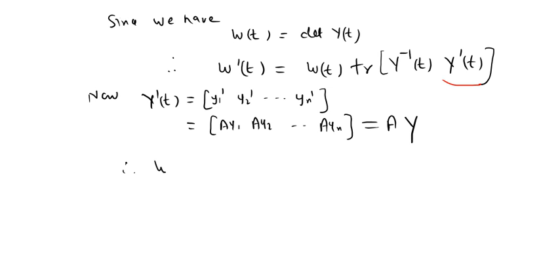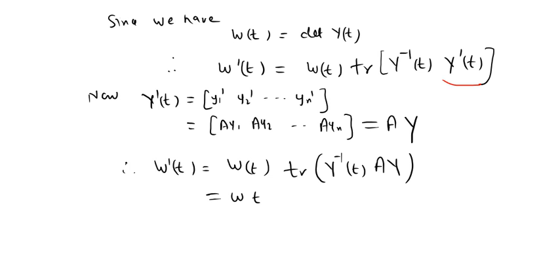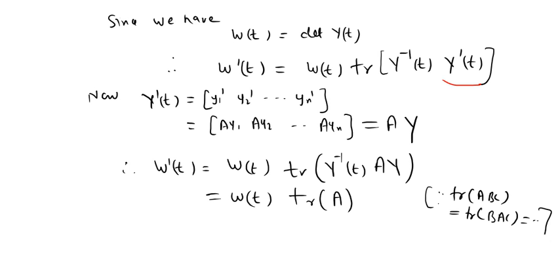So what is W'(t)? W(t) times the trace of Y inverse with A Y. I can write it as W(t) times the trace of A, using the property that the trace of ABC equals the trace of BAC, and so on; all these traces are equal.